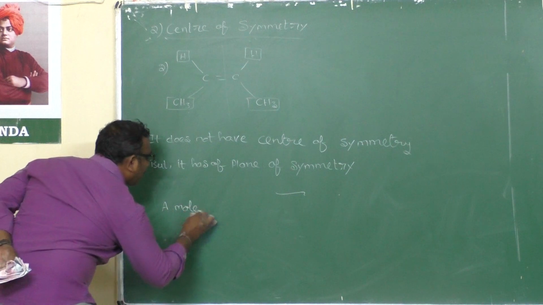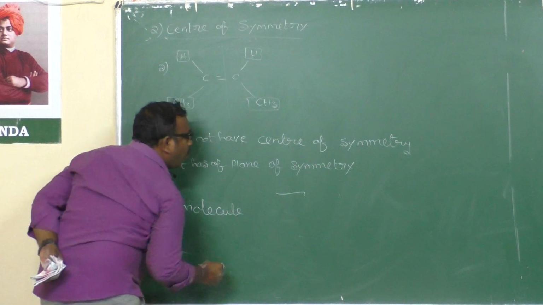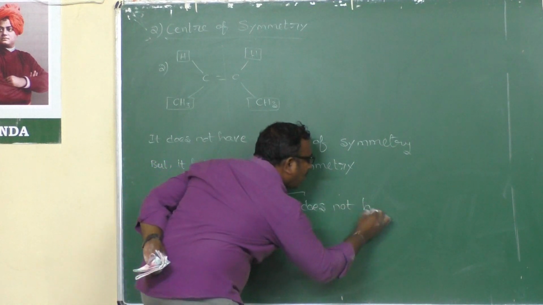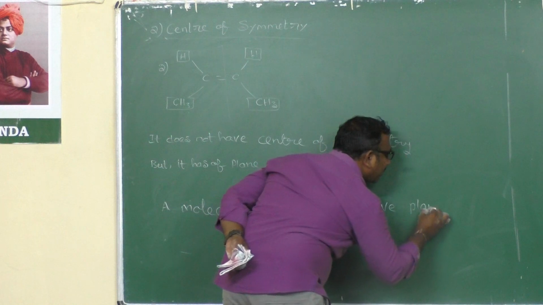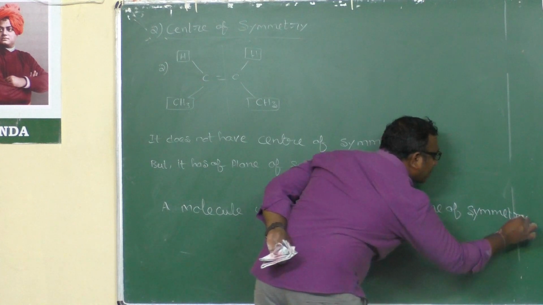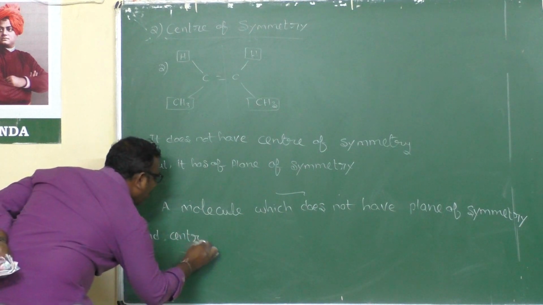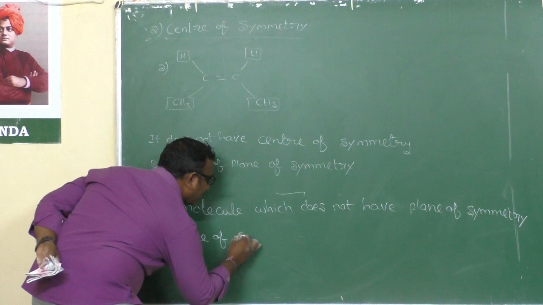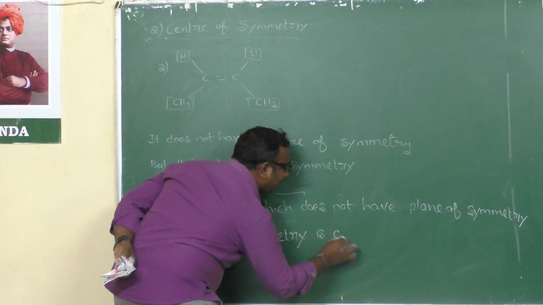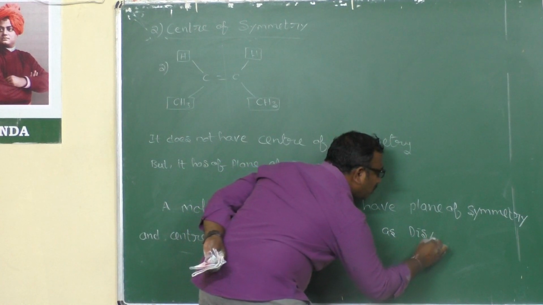A molecule which doesn't have a plane of symmetry and a center of symmetry is called a disymmetric molecule.